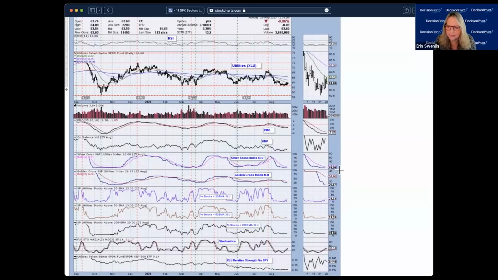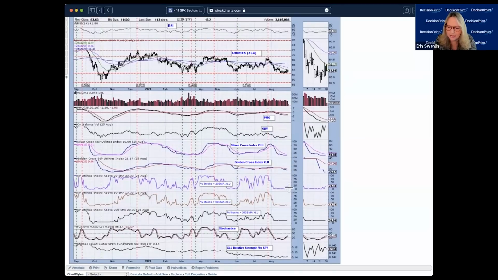Silver Cross Index is only at 10%, but it has flattened, and we are seeing a tiny bit of a heartbeat here. This has basically been a flat line on participation, and we're finally starting to see a little bit of action with about a quarter of the sector above their 20-day EMAs.